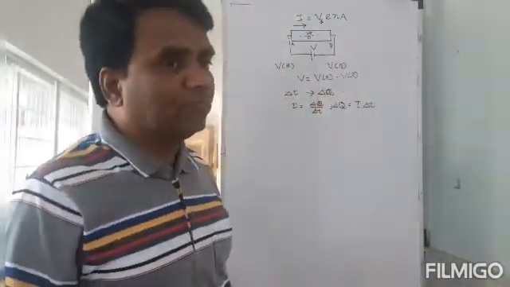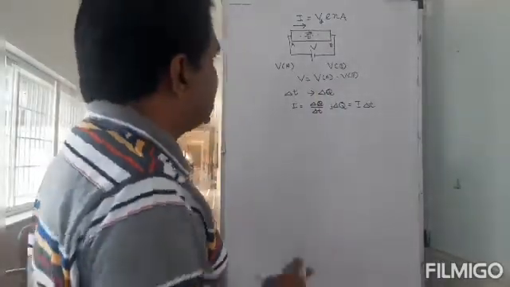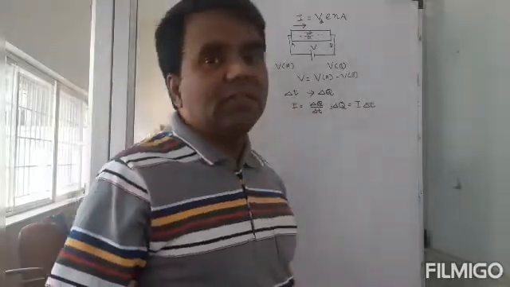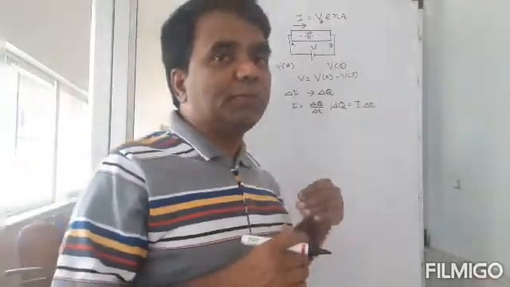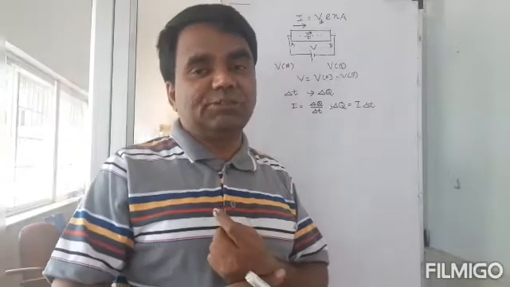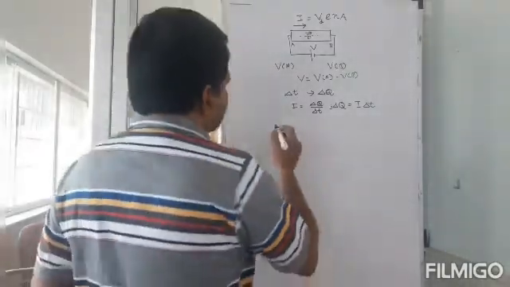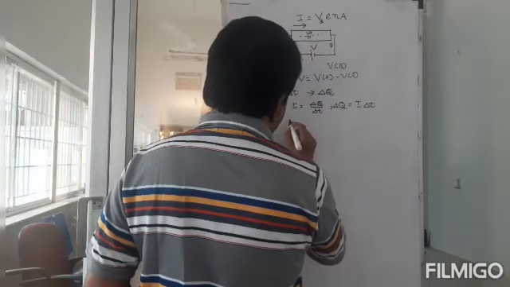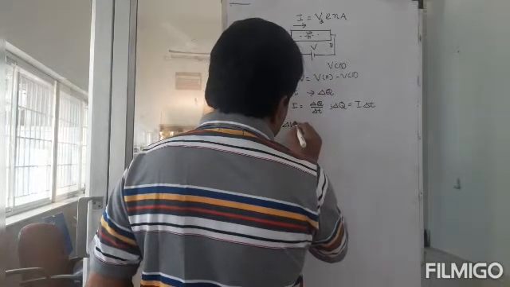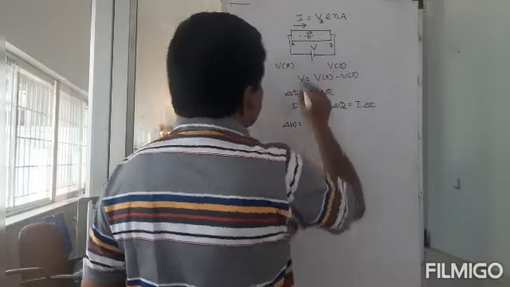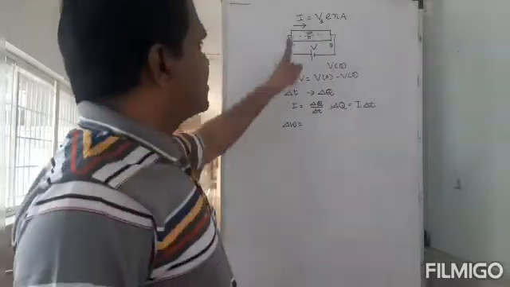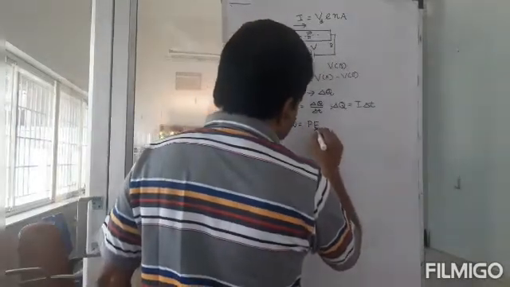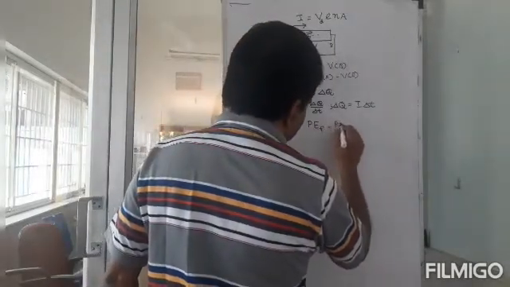So this we know. Now, let's see, when this charge flows there from VA to VB, then what is the change in the potential energy? Well, change in potential energy, delta W, is equal to potential energy final minus potential energy initial.